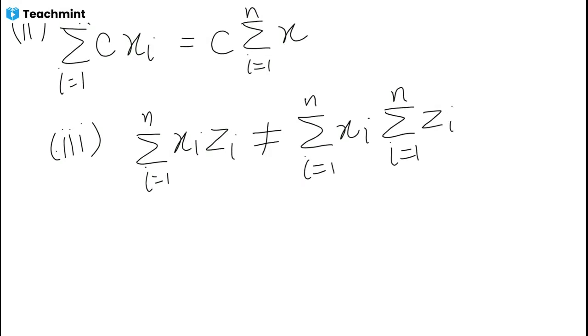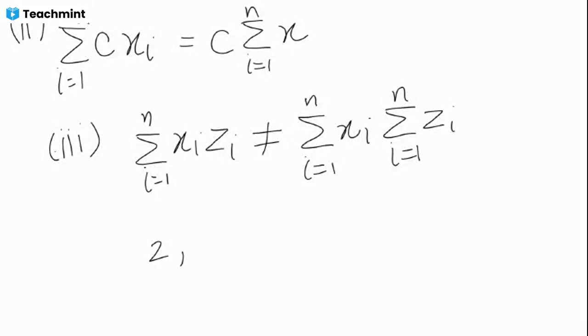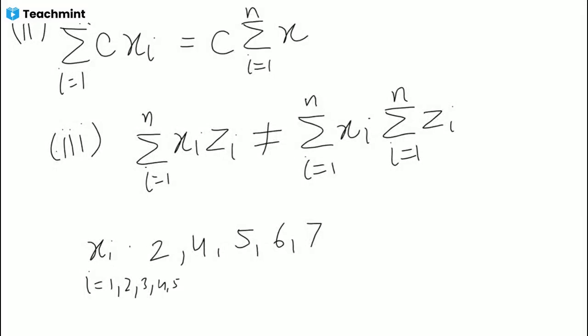Let us denote xi. We have two sequences. We have the values 2, 4, 5, 6, 7 for xi, where i is equal to 1, 2, 3, 4, 5.